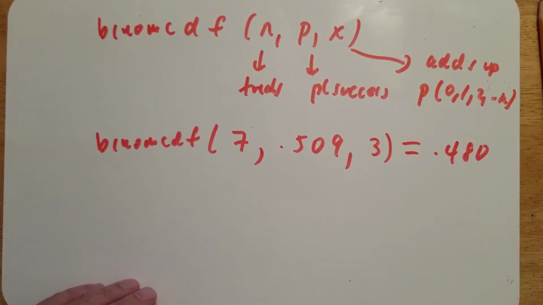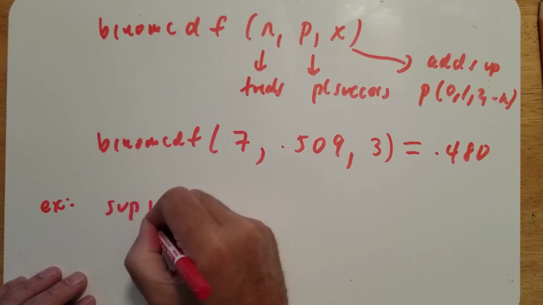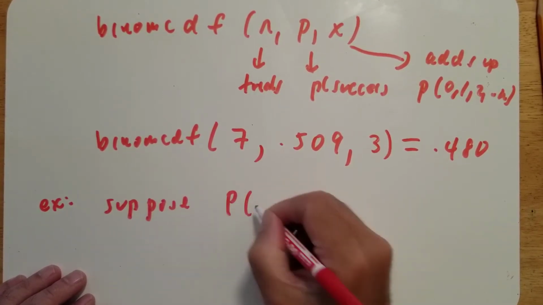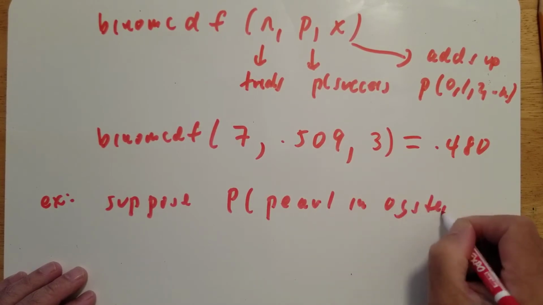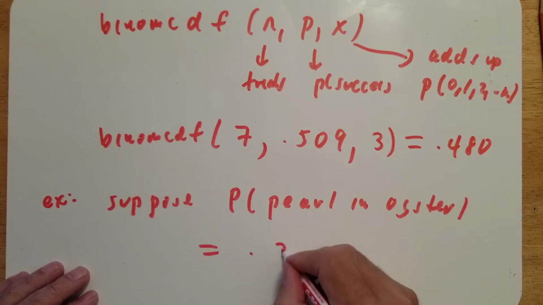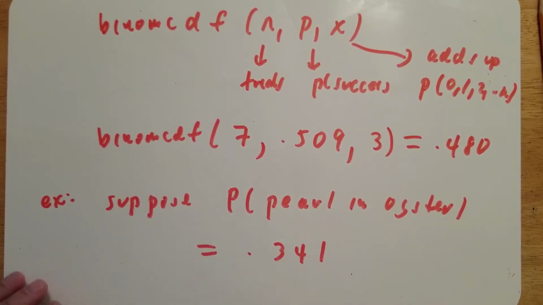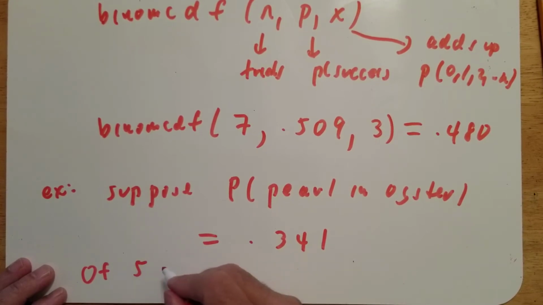Okay, now here's another kind of example. Suppose the probability of finding a pearl in an oyster is equal to 0.341, of 5 oysters.